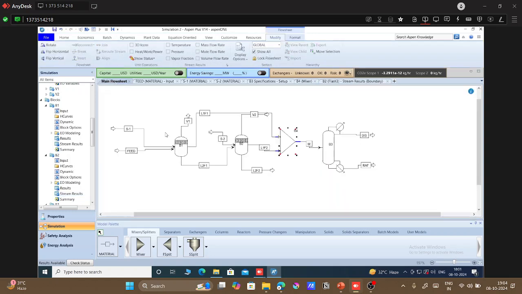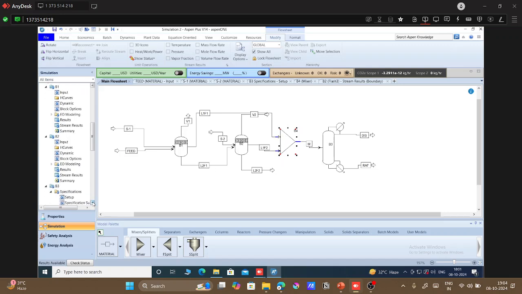So from both flash 1 and flash 2, the bottom product was mainly water. Now the top liquid from flash 1 and flash 2, which had a majority of EIPK and acetone with some amount of water, is mixed and fed to our distillation column, where separation of EIPK and acetone should happen.